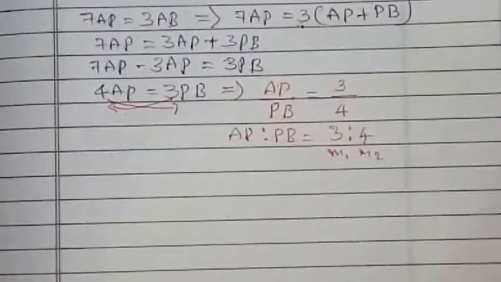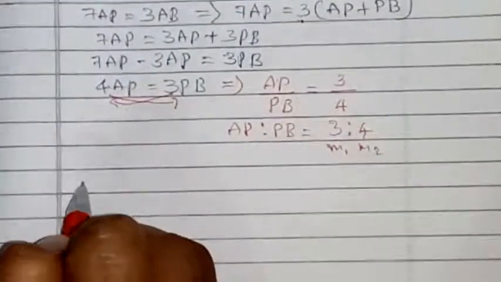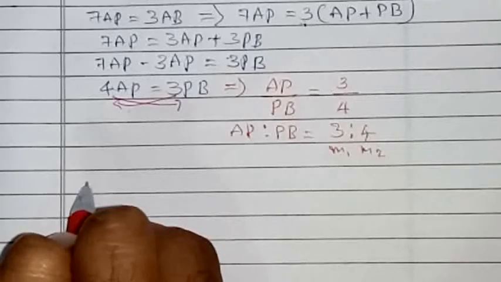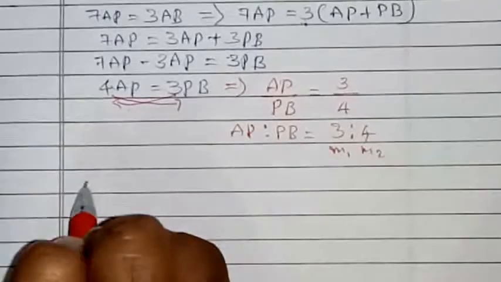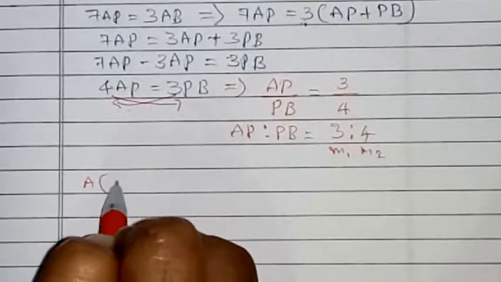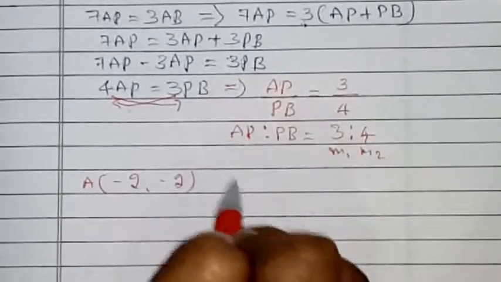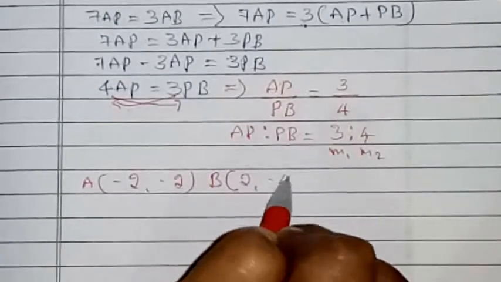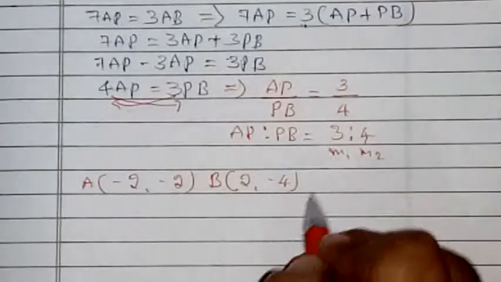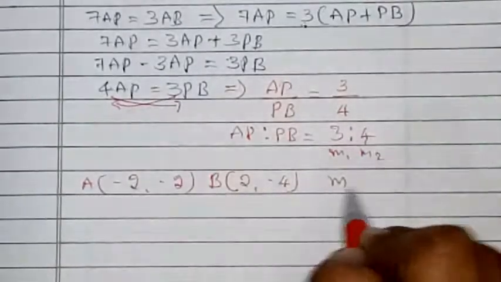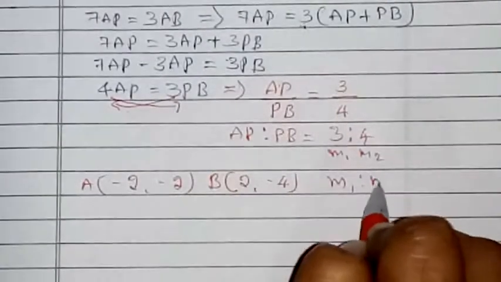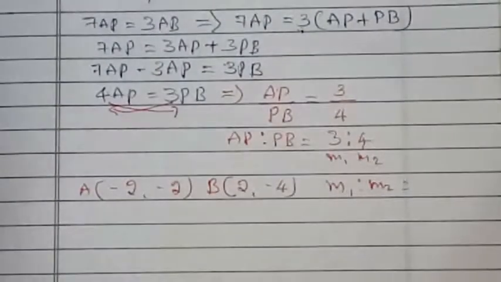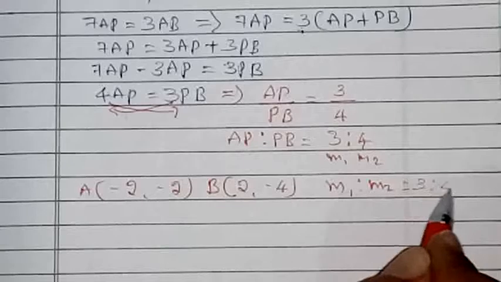Now I'll write the formula once. First I'll write the coordinates of A and B, and also the ratio. Afterwards I'll write the formula. So A of minus 2 comma minus 2, B of 2 comma minus 4, and this line segment is divided in the ratio m1 is to m2, nothing but 3 is to 4, right?